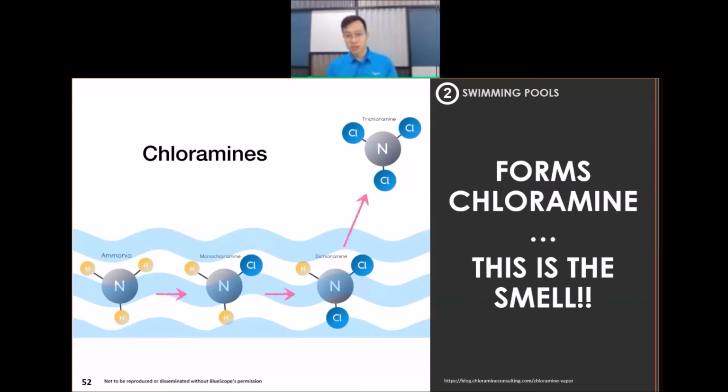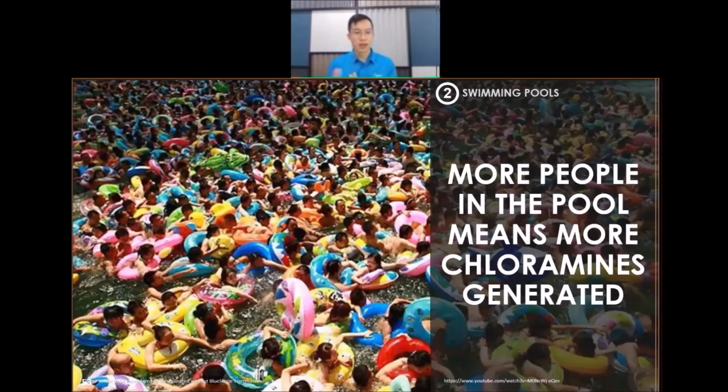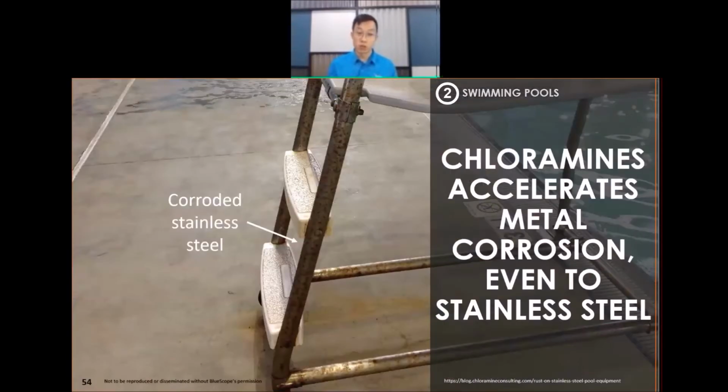This is a legitimate concern, because chloramine is the culprit that will cause corrosion. It will be worse if more people are in the pool, because more people means more chloramine generated. This chloramine is known to accelerate metal corrosion, even for stainless steel, and is a known problem, especially for indoor pools.